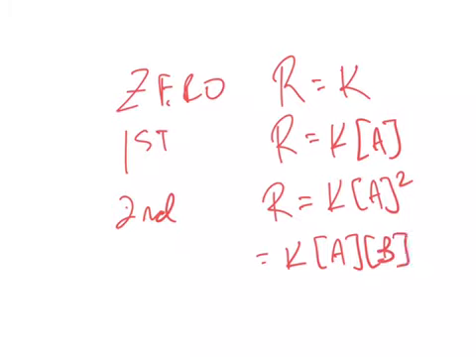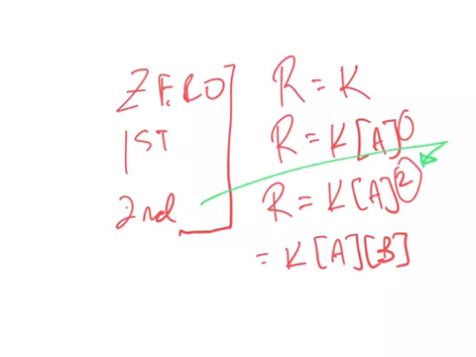When you're talking about the order of the reaction, what you're talking about is what this exponent is out here. Now, when you get a second order reaction, there are two ways it could play out.